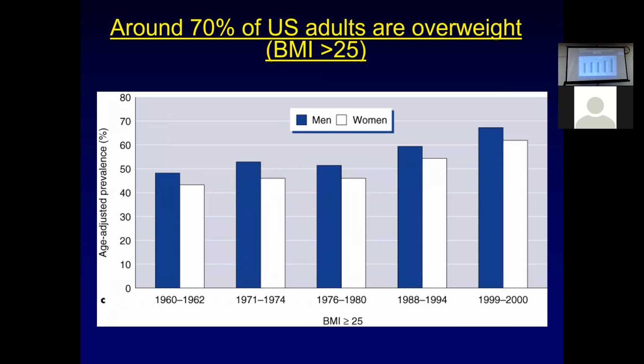So about 70% of people in the U.S. are overweight by BMI. A BMI of 25 or greater. 70%. If we calculated that based upon you guys in this room, y'all are going to be nowhere near 70%.